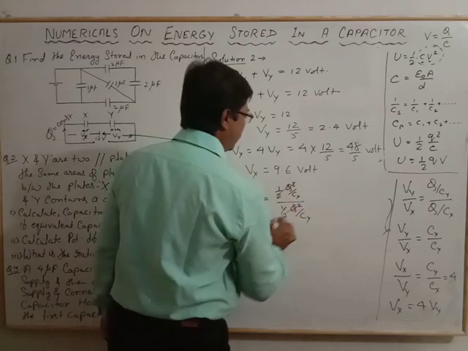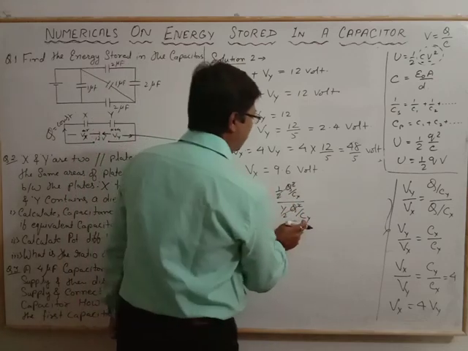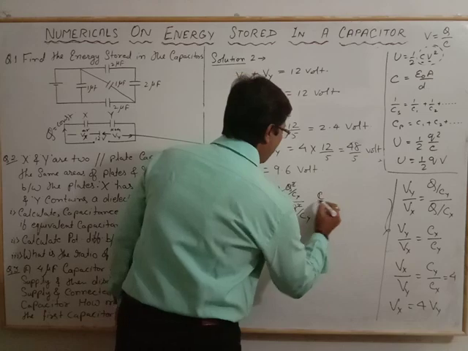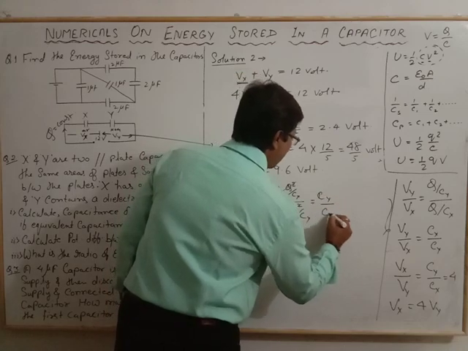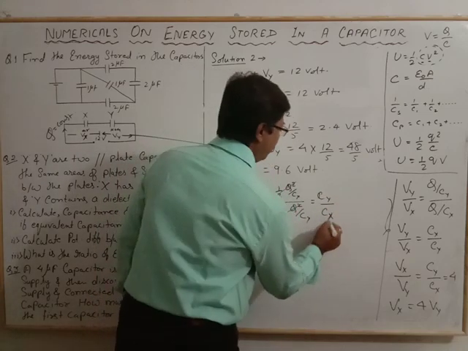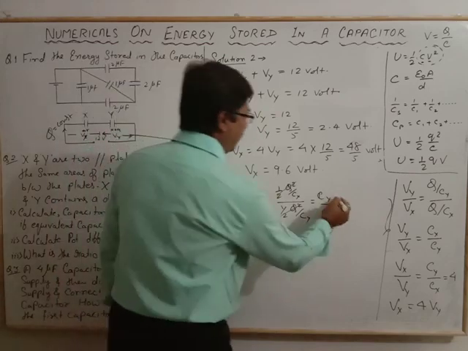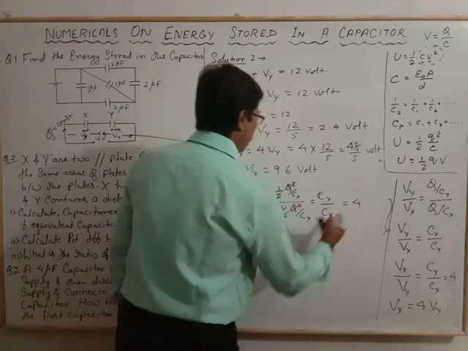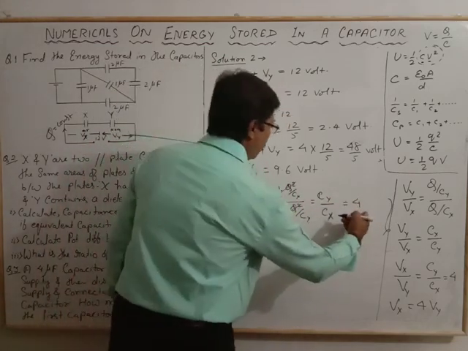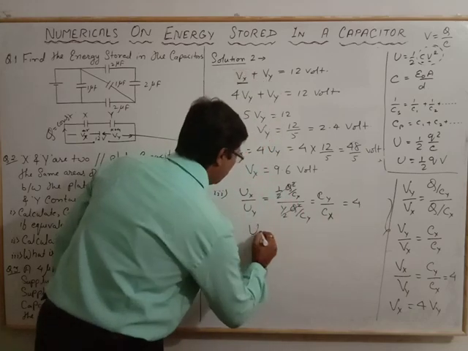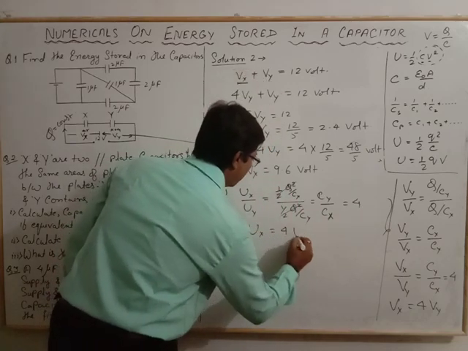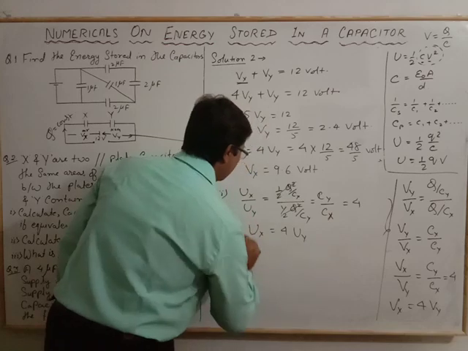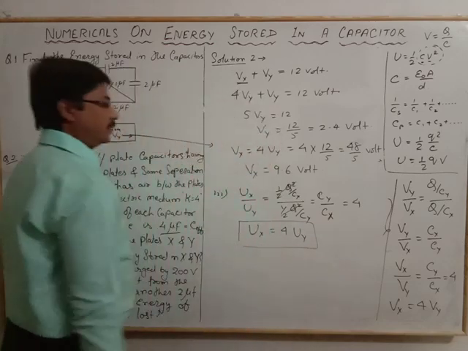Here these two cancel out and that becomes Cy by Cx. Now Cy by Cx is equal to 4, so U of X is equal to 4 times U of Y, and this is the ratio we got.